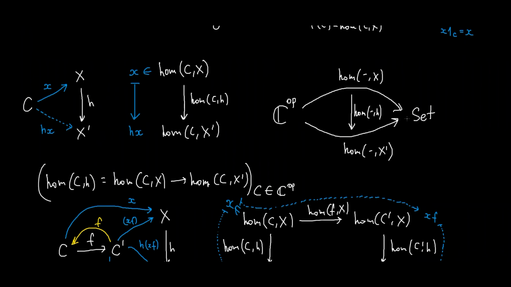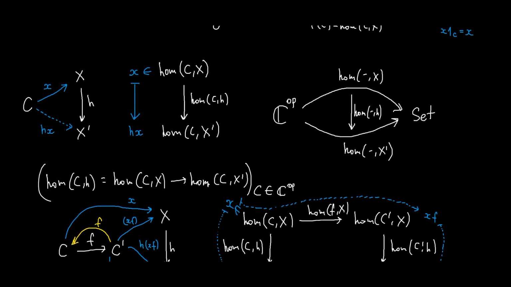Natural transformations compose. You can compose two natural transformations to get a natural transformation. I don't remember if we explicitly did this exercise or not, but it's a very easy exercise to do. And also for every functor, we always have an identity natural transformation, a natural transformation that goes from that functor to itself, which will be given simply by the family of identity maps.